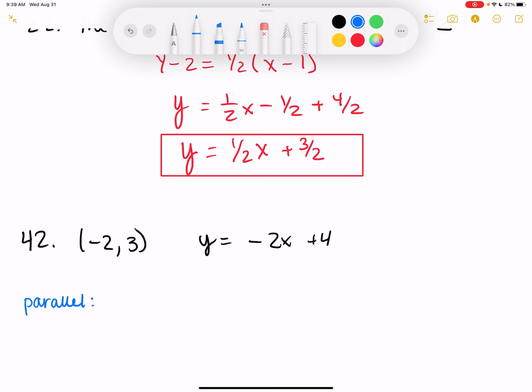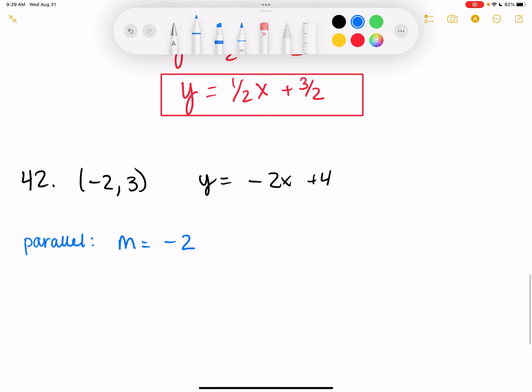So what would my slope be for my parallel line? The same. Okay, so what is that? Negative 2. Same slope. So how do I find my parallel line now?